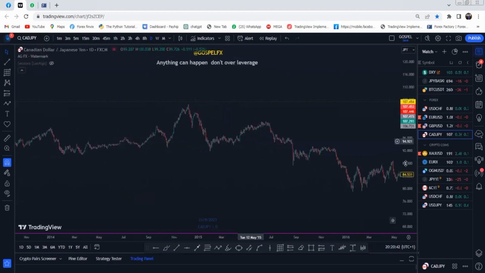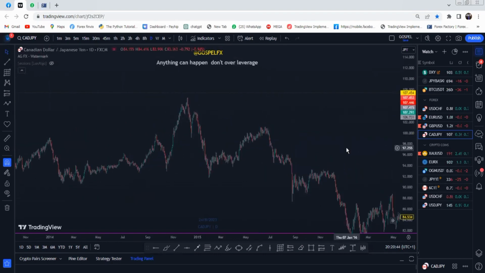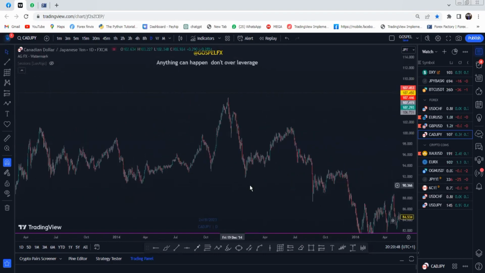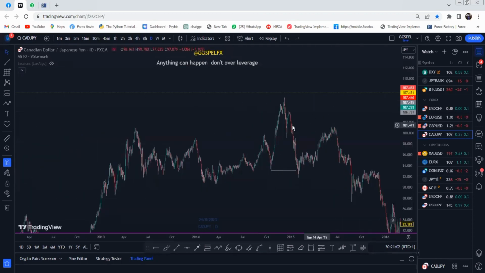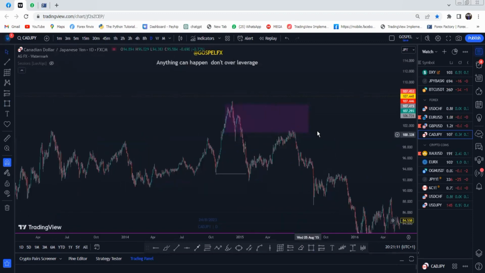Now, this is an example here. Price was in an uptrend and then we broke structure here to the downside. And then what happened? Price rallied back up to the premium level and gave us an area of supply.